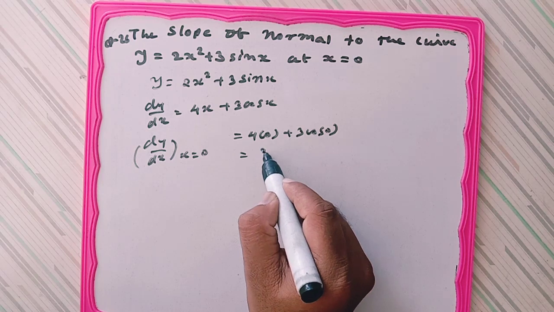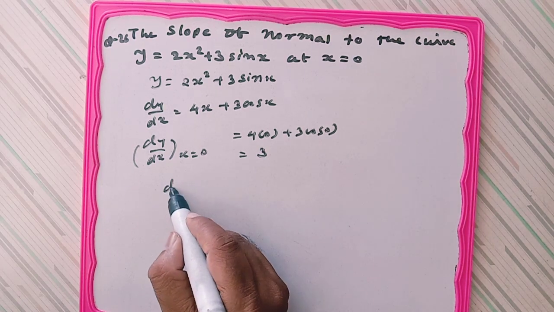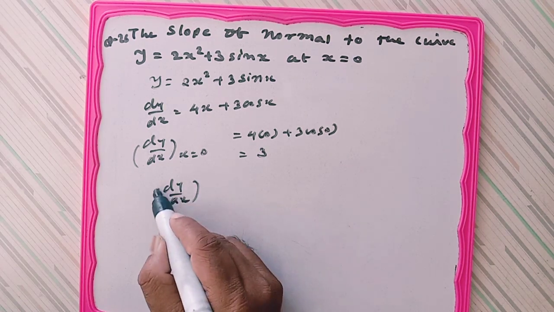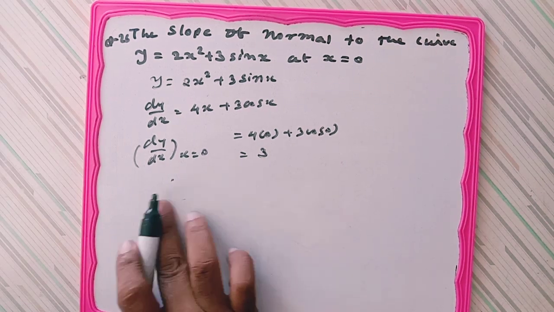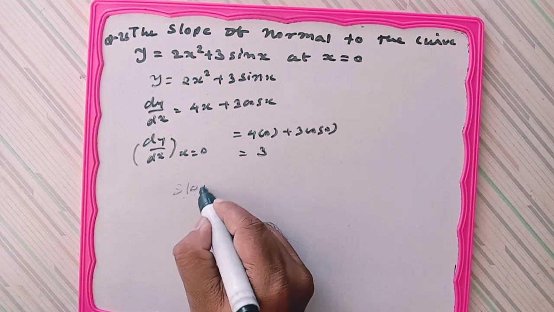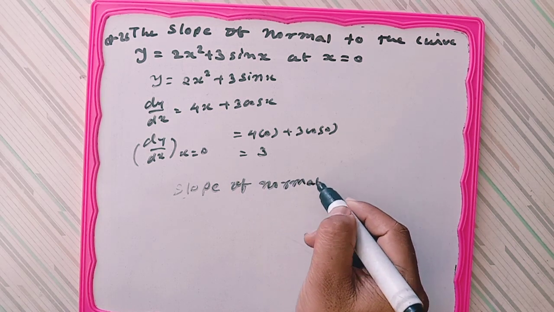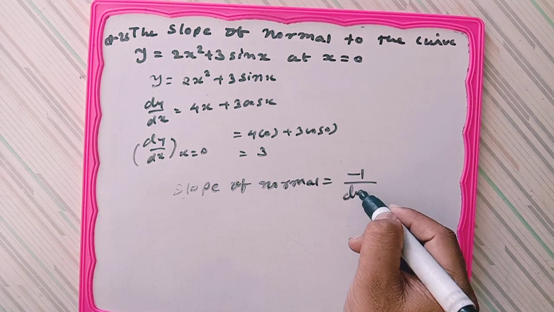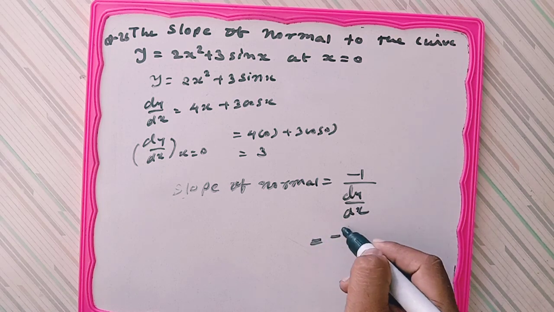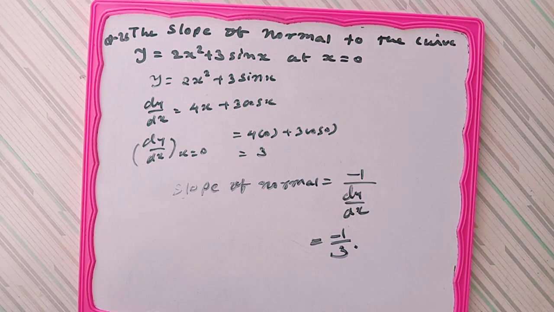So it is 3, and so the slope of the normal will be minus 1 by dy/dx, and so it is minus 1 by 3.